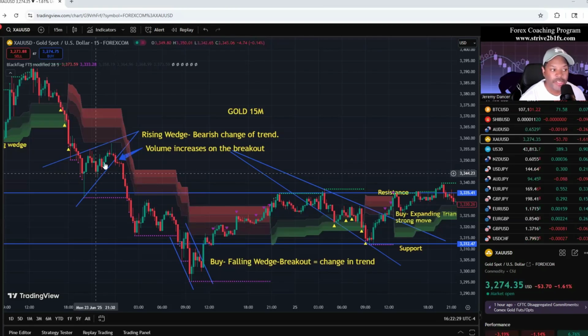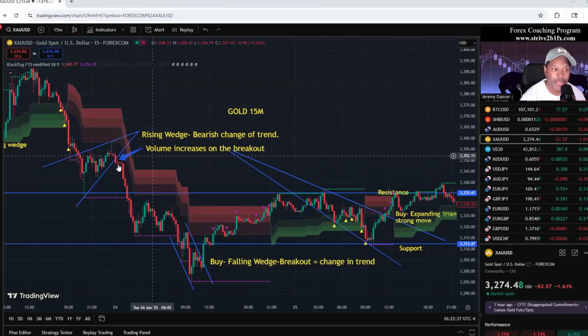So as soon as you see the breakout, that's when you see an increase in the volume and you see that big move that you're looking for. So I tend to stay away from buying and selling as the pattern is forming because you'll just be playing games for quite a while before the real move happens.